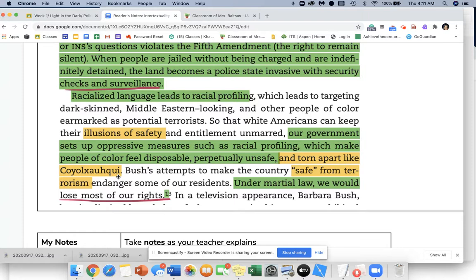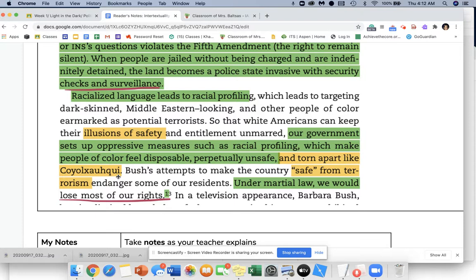I'm going to talk about what I have here in yellow as far as irony goes, this idea of safety, because she has it in quotes and she indicates illusions of safety up above. When you have something in quotes, it's like, okay, this is not really what it's supposed to be. Let me just read this and then I'll explain. Safety as being a form of irony.